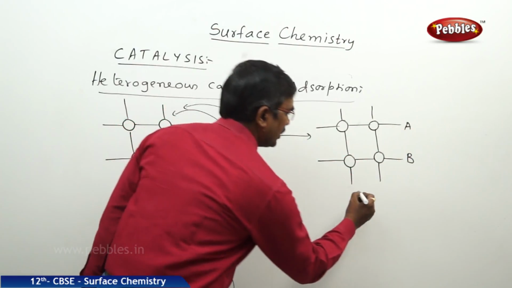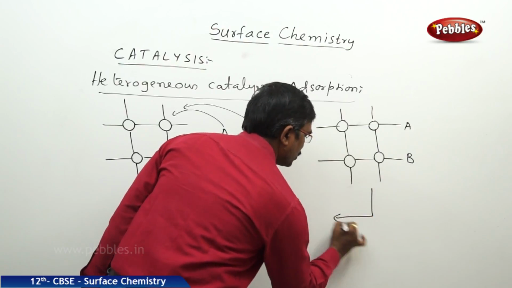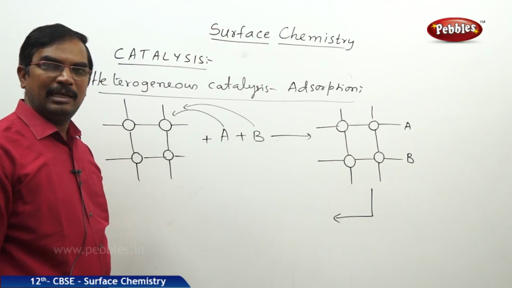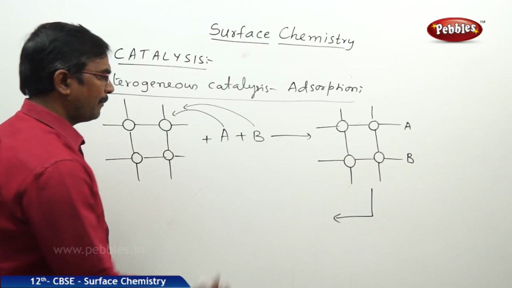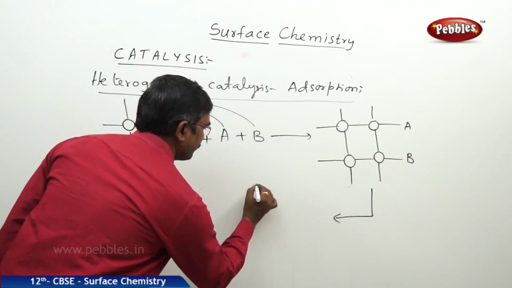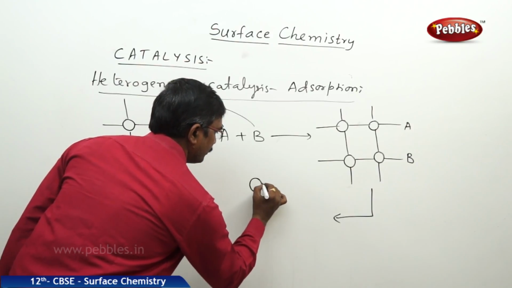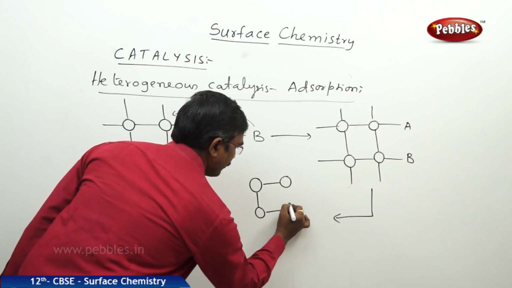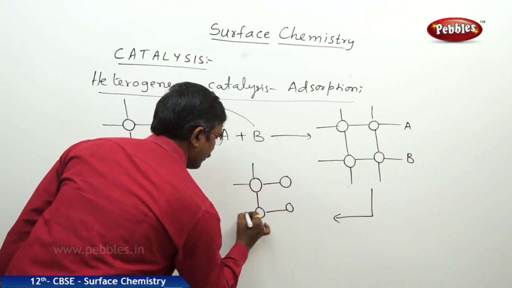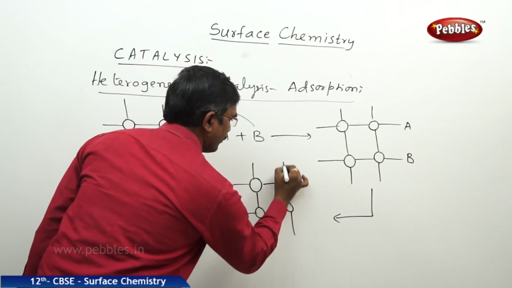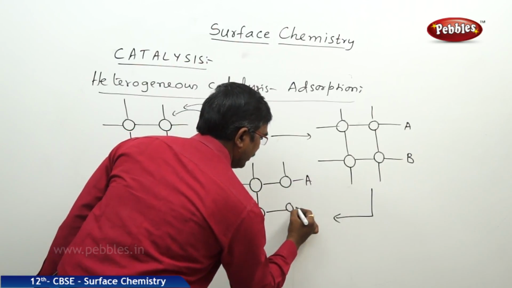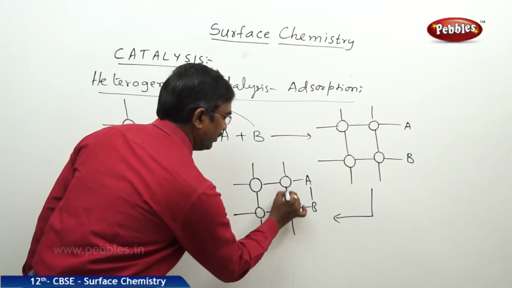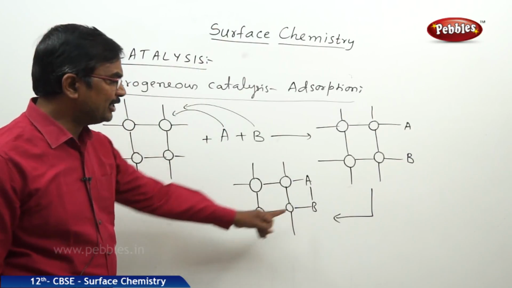Now in the next step these two will form one intermediate product, which is a substance that is neither reactant nor product. We can show the same thing like this. This is A, this is B, and you can observe the bond formation between A and B. So this is the intermediate.